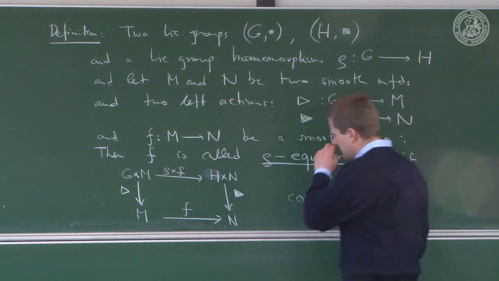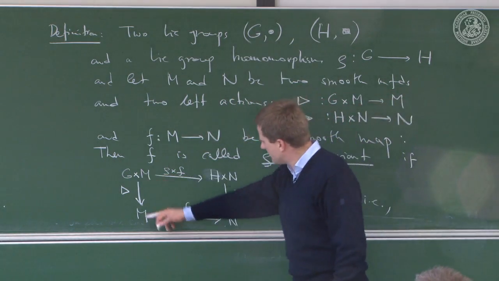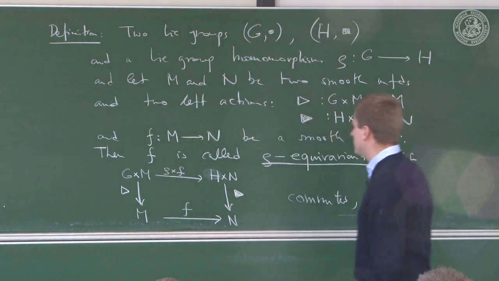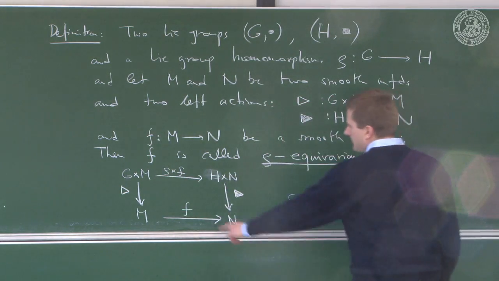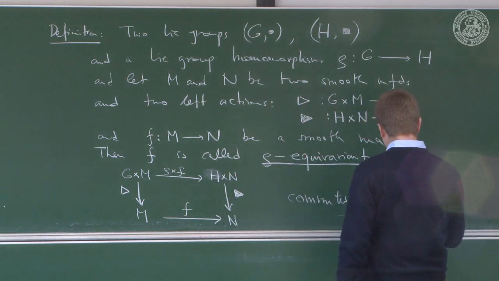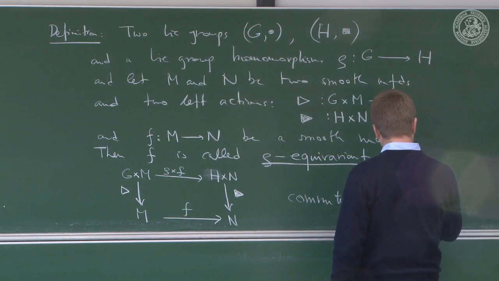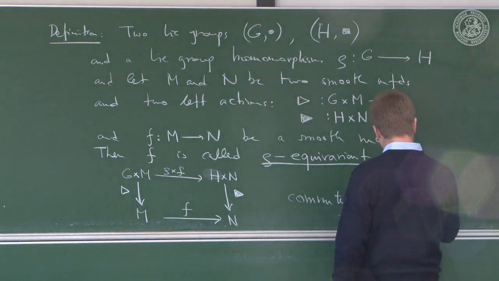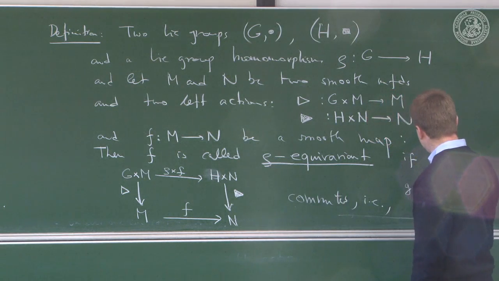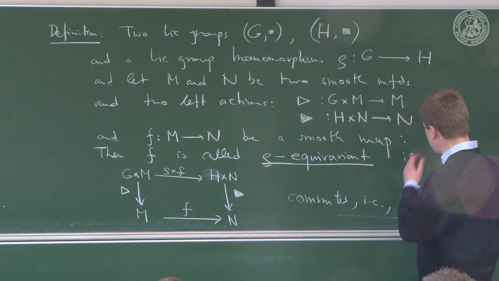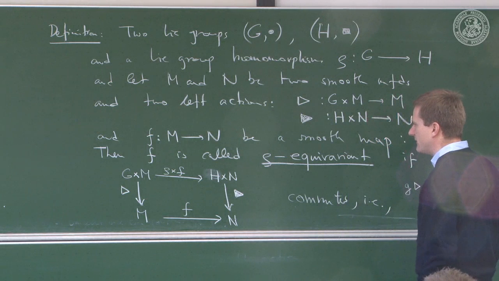Again, what does that actually mean? It means you can go this way or you can go that way. So let me first write down this way. That means you let some g in the group act from the left by this empty left action.